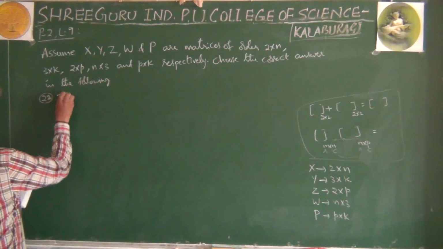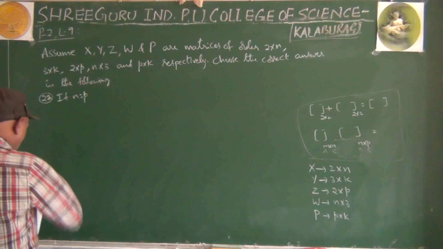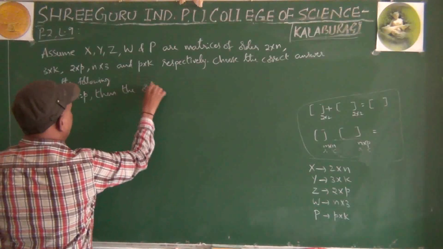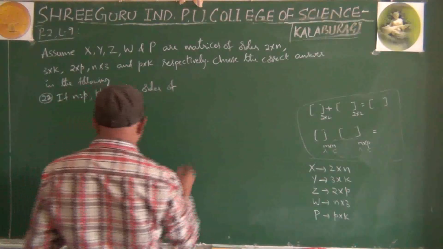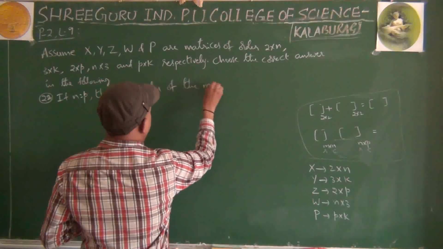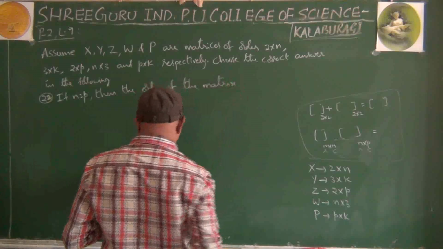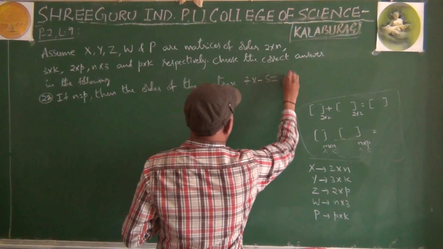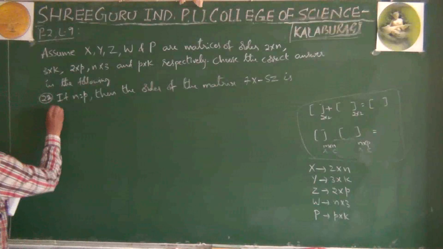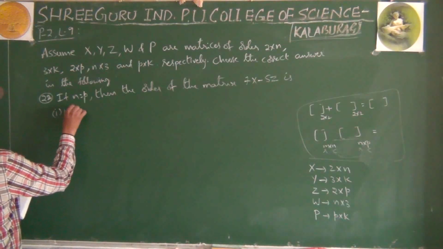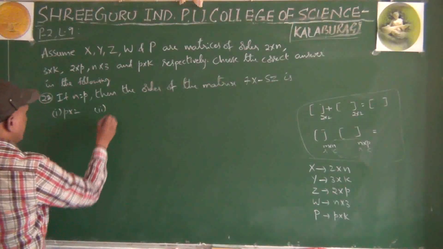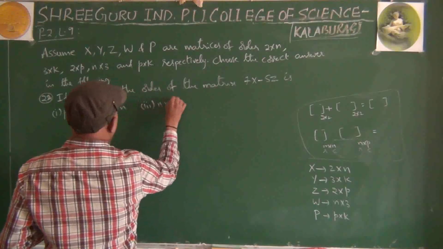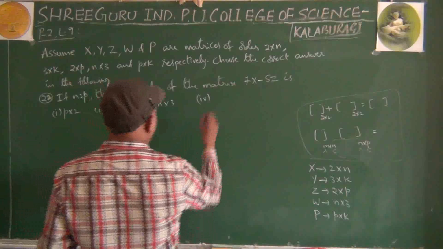If n equals p, then the order of the matrix 7X minus 5Z is: first option p by 2, second option 2 by n, third option n by 3, fourth option p by n.